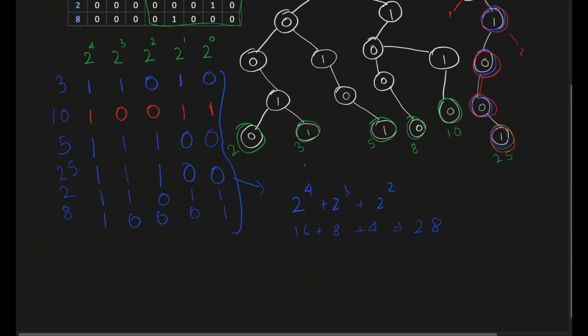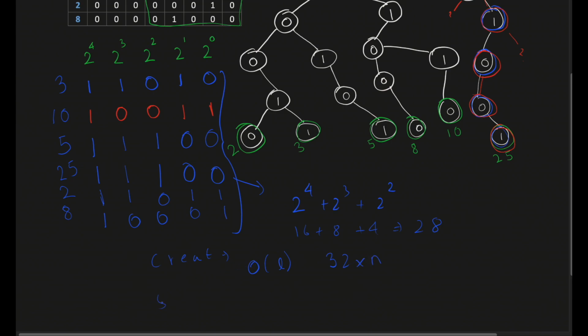So what is the time complexity in our case? For creating the trie, it is order of the length of each number. That is, for an int, it will be 32 bits. So 32 into n is for creating.